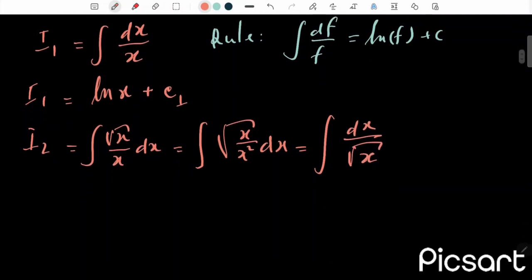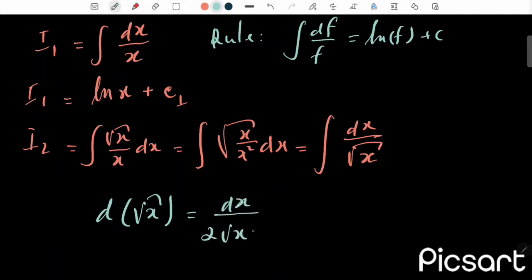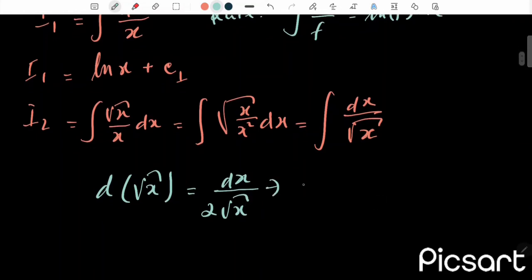To solve this, we must remember that the derivative of square root of x is d of x over 2 times square root of x, and from here we can write d of x over square root of x as equal to 2 times d of square root of x.